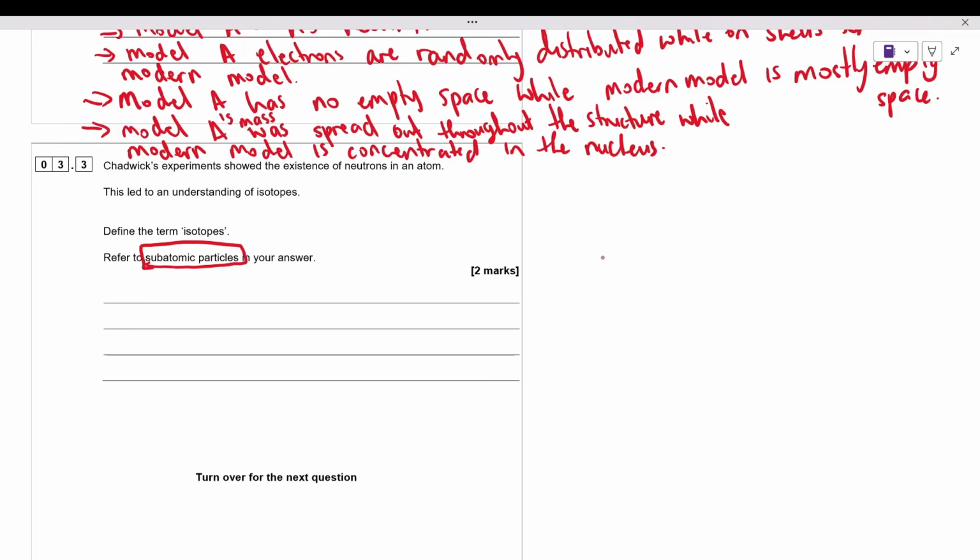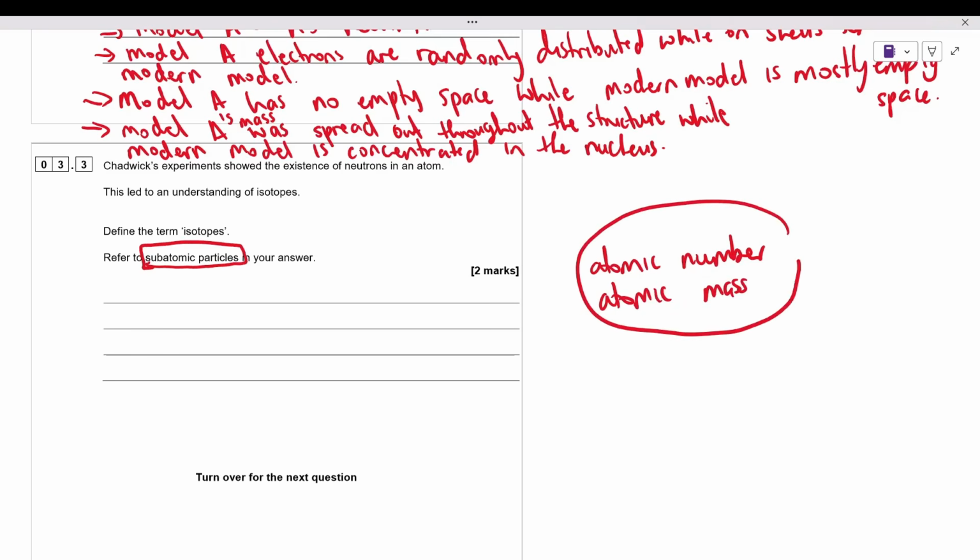If you refer to atomic number or atomic mass, then it is going to be incorrect, because the question explicitly states that you should be referring to the subatomic particles.